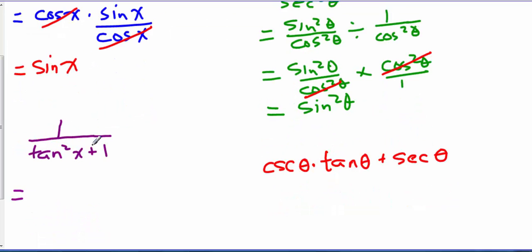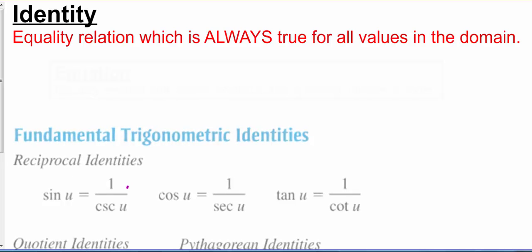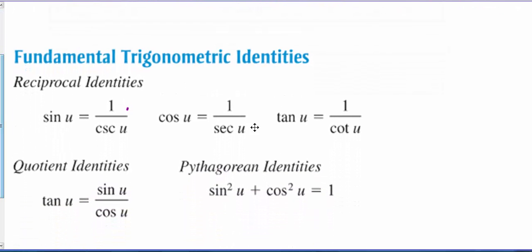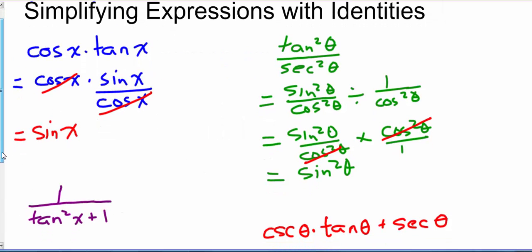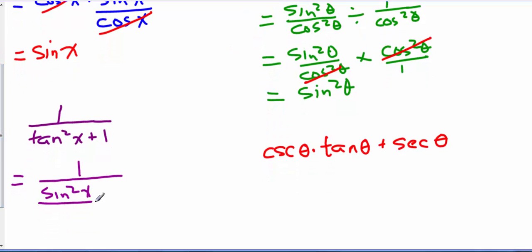Down here, again, I'm going to stick with these basic fundamental identities, at least initially. And so I have tan squared plus 1. The tan squared specifically I know to be sine squared over cos squared, since I know tan to be sine over cos.